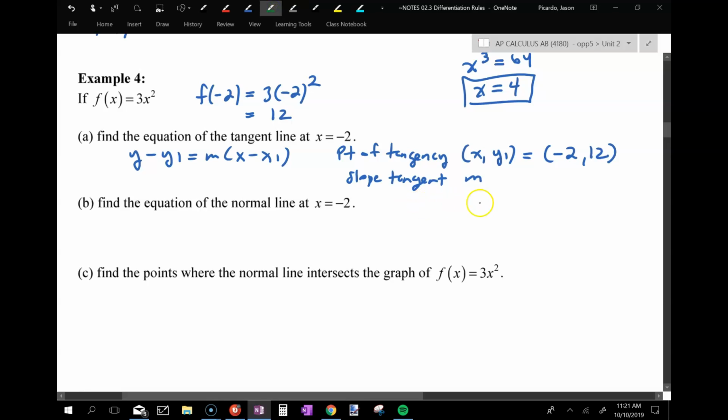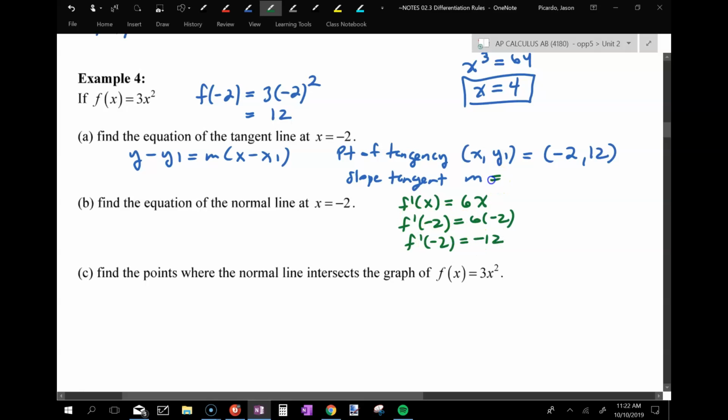Okay, so my derivative is what? What's the derivative of 3x squared? 6x. All right, and what is the slope of the tangent at -2? It's -12.